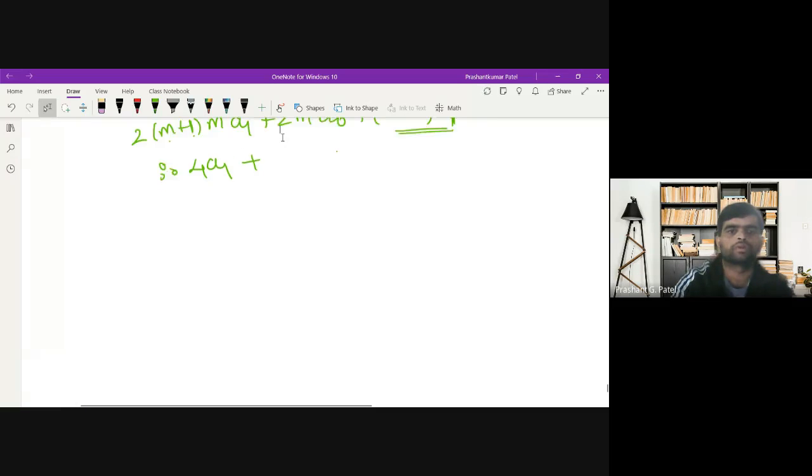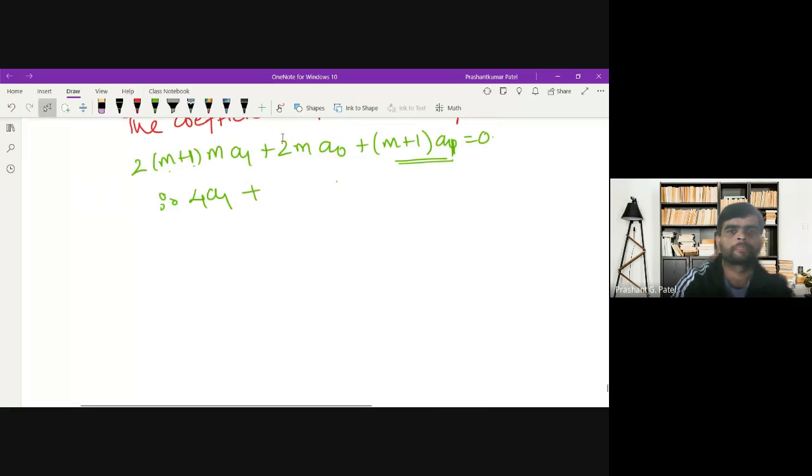So this is minus a1 equal to 0. And now I'm substituting m equal to 1.